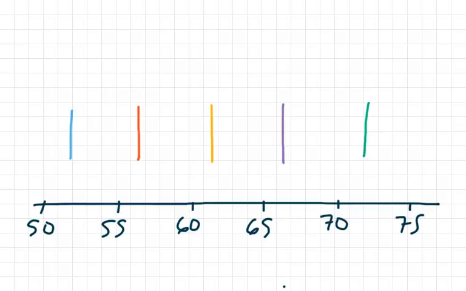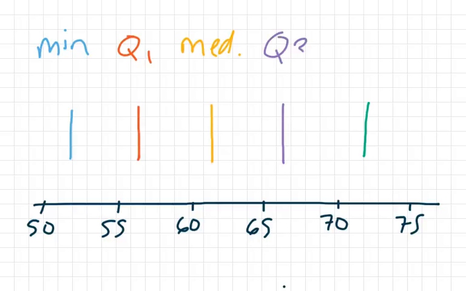To create a box plot, let's label these: minimum, Q1, this is our median, Q3, and then finally our maximum.